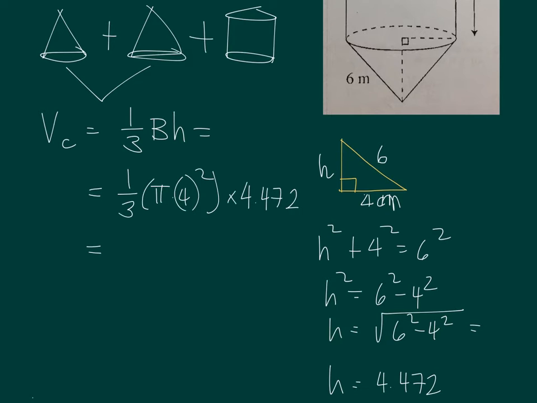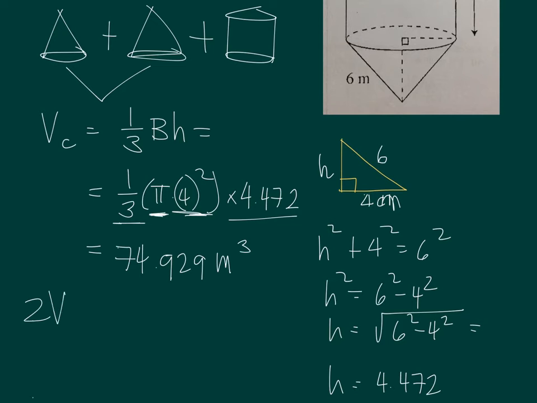Again, 4 squared times pi times 1/3 times 4.472. I'll find the value first. This is equal to 74.929 m cubed.